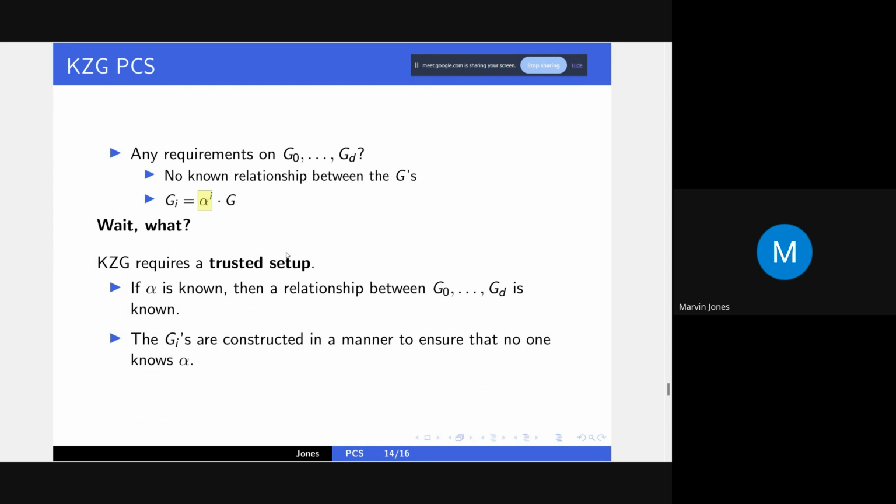But yes, you're absolutely correct that the discrete log problem is relied on here. Specifically, you can see that with G1 alpha, you can extract alpha immediately. Now it is worth noting that even though it's not post-quantum secure, it is still forward secure if you have a hiding element. Is that true? Yes.